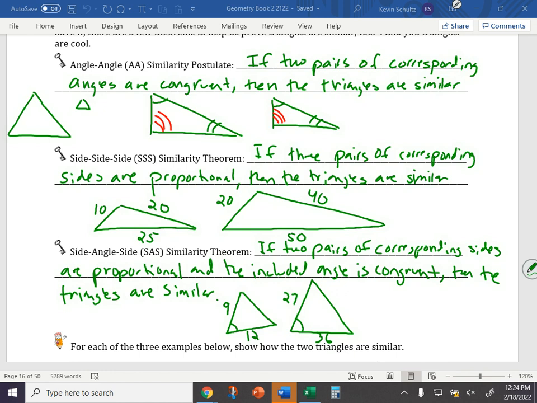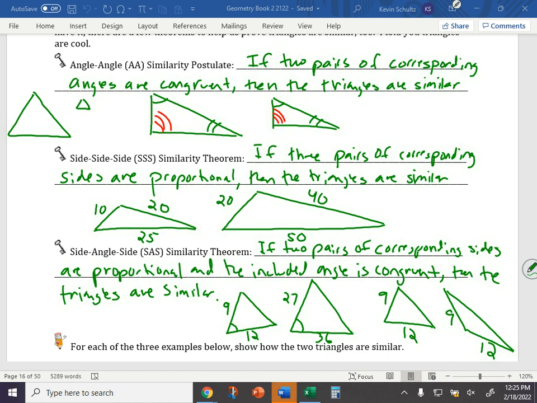Hinge theorem. Good, right? You could potentially have a triangle with side lengths of 9 and 12, like we have here, and a second triangle with side lengths of 9 and 12. But are those two triangles similar? No, because that included angle is not congruent. So don't forget about that.